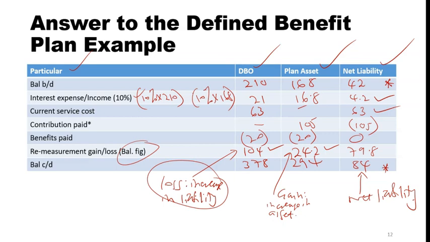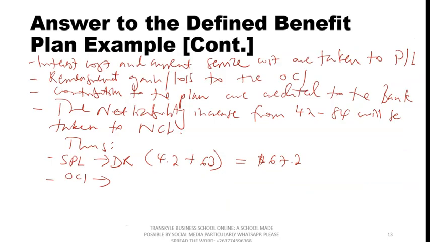So the ultimate figure is actually a loss, a remeasurement loss. Being a remeasurement loss, we are going to debit the other comprehensive income by that amount of 79.8 million.